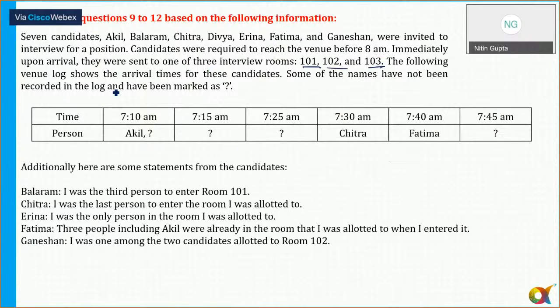The following venue log shows the arrival time of these candidates. Some of the names had been recorded in the log and some have not been recorded, and it has been marked with a question mark here. So there are 7 candidates, but the time log is only for 6 candidates. So for one of them, the time log is not mentioned here.